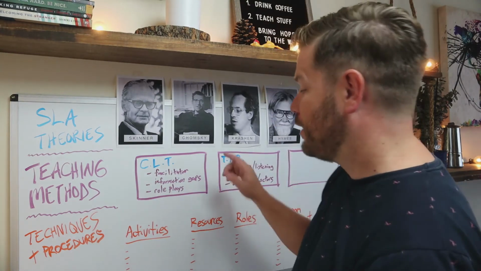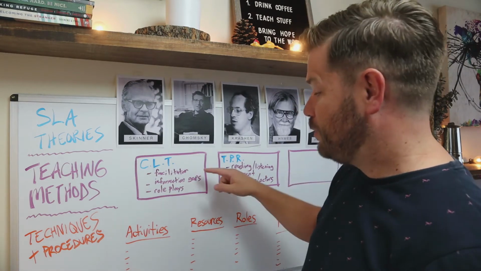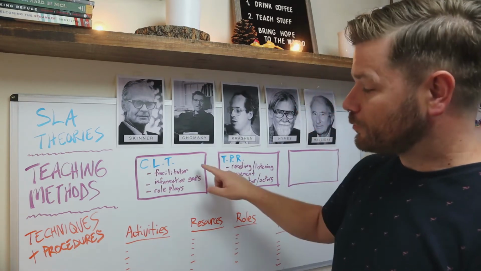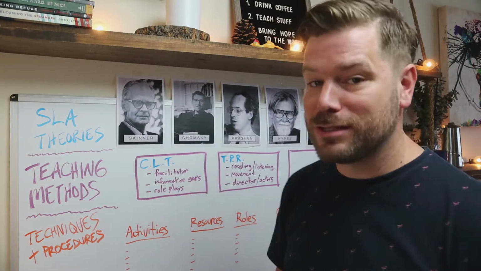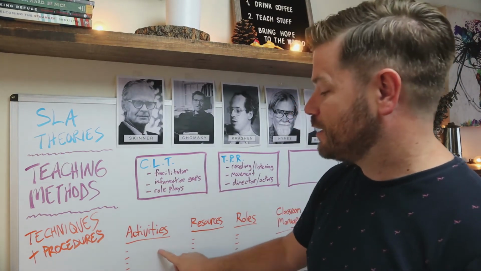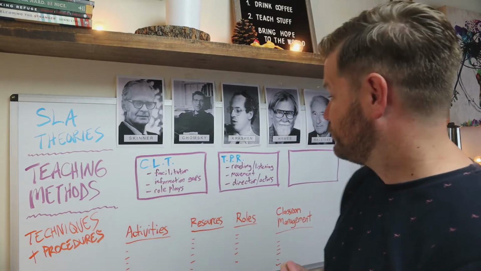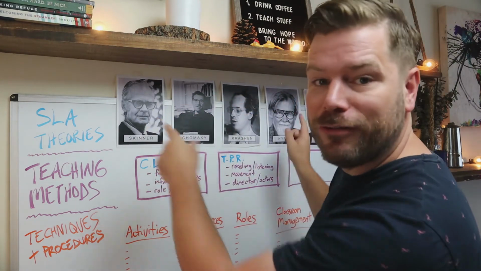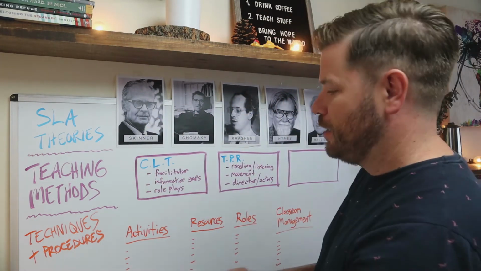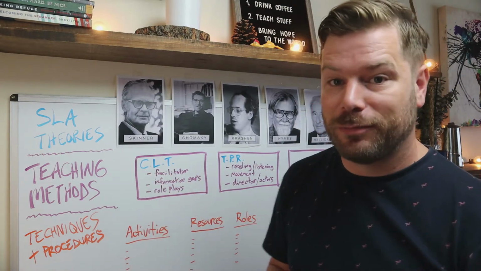For example, they may call it CLT, or communicative language teaching, where they believe that the teacher's role is to be a facilitator in the classroom, and to use lots of communicative activities, including information gaps and role plays. Or someone else might come along and have a slightly different view of how language should be learned, and they'll create their own different collection of techniques and procedures.